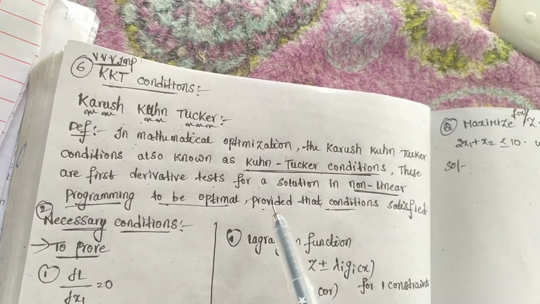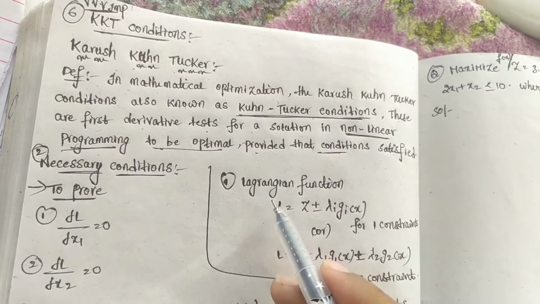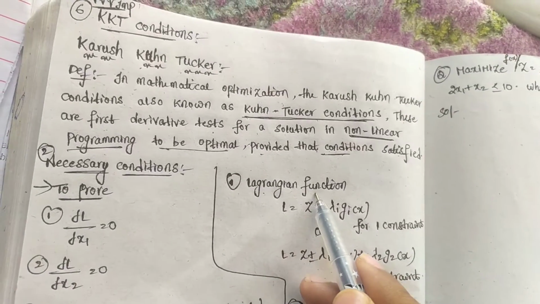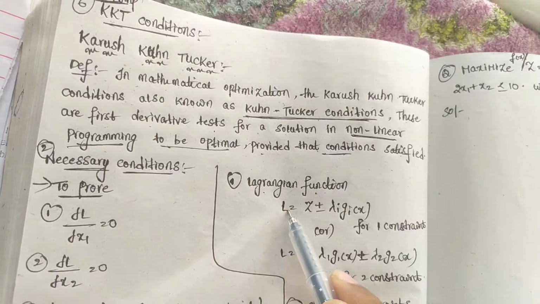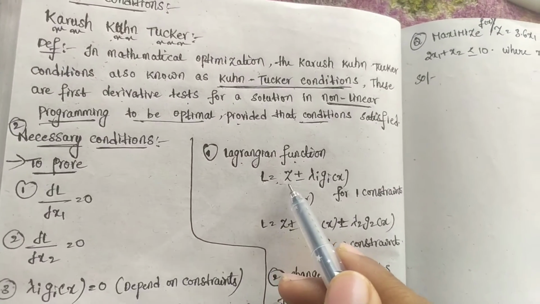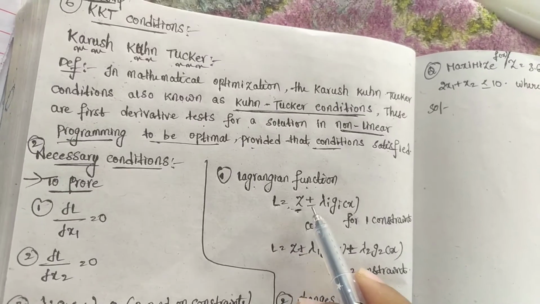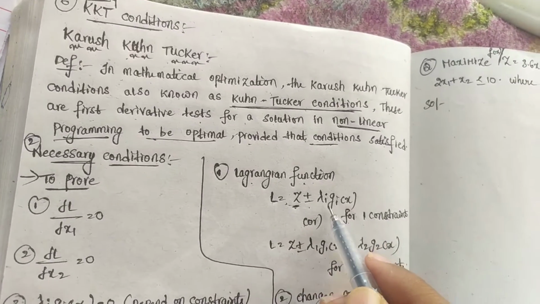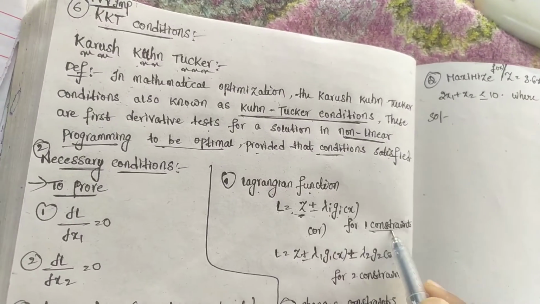In these KKT conditions, the first step is we have to know about the Lagrangian function. Here the Lagrangian function is denoted by capital L, that is L equals Z, the objective function, plus or minus lambda i into g i of x for one constraint.